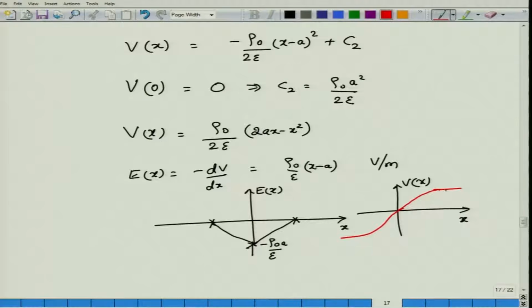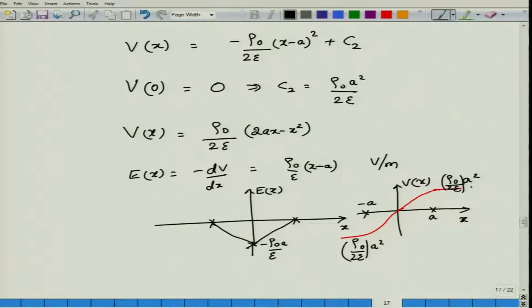Far away from the junction the value here is rho 0 by 2 epsilon into a square, and this is the same value here as well, rho 0 by 2 epsilon into a square. You can obtain this simply by taking V of x at x equal to a. Whatever value you get at a will essentially be the potential, because beyond that everything will be a constant potential term. So at x equal to a you can show that this would be equal to rho 0 by 2 epsilon a square.